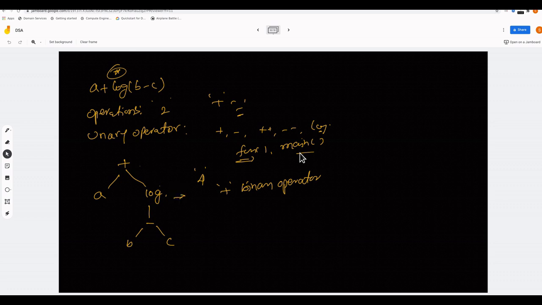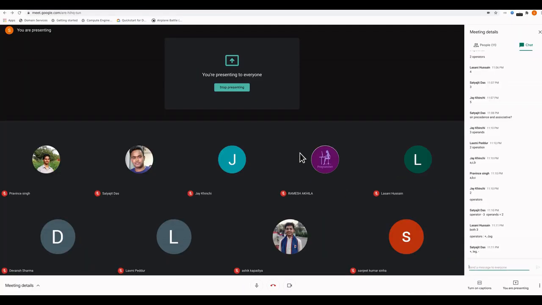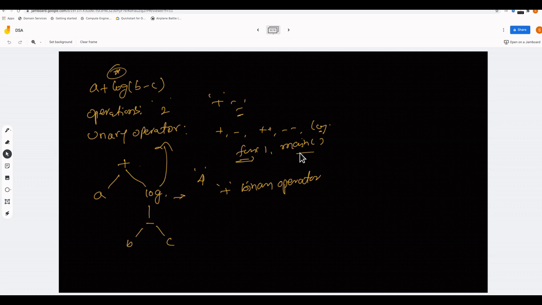And log is the unary operator here, as I already told you, right? Clear for everybody? So there is only one child to log. We are so much used to binary trees, and now the unary tree probably looks a little confusing. But is that clear to everyone?